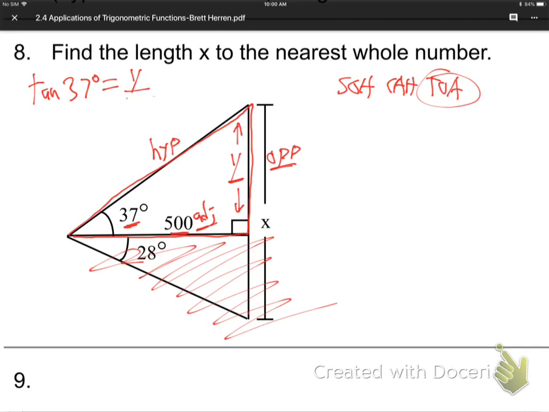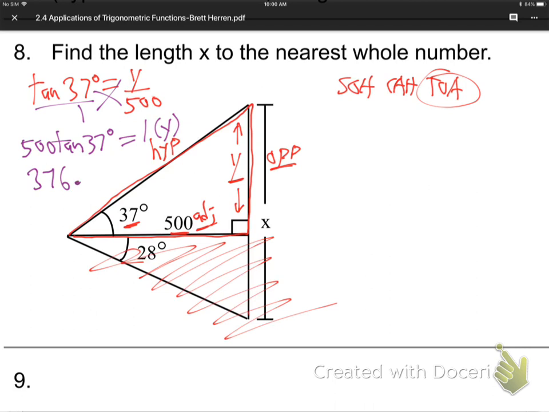And so we can solve that for Y. We'll do the cross multiply thing again. So put this over 1, diagonal, diagonal. 500 tangent 37 degrees is 1 times Y. And so what is that? 500 tangent 37, I'm getting 376 point, I don't know.